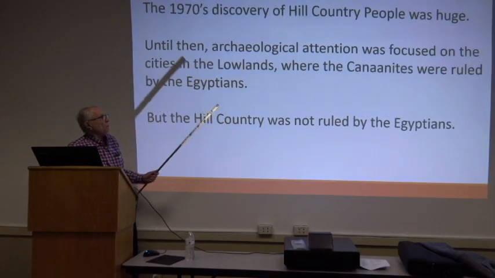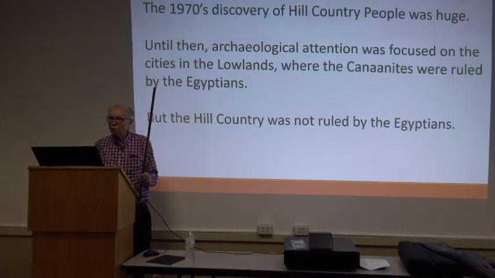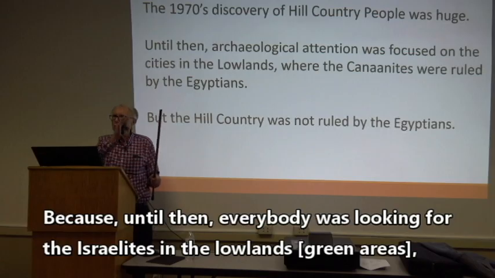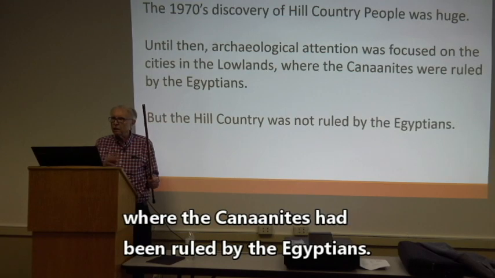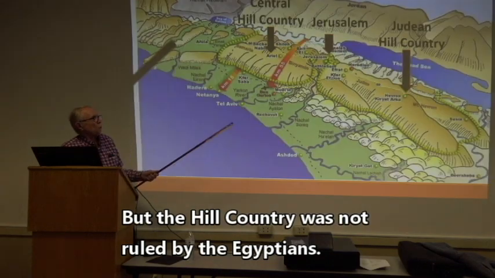The 1970s discovery of the hill country people was huge, because until then, everybody was looking for the Israelites in the lowlands, where the Canaanites had been ruled by the Egyptians. But the hill country was not ruled by the Egyptians.